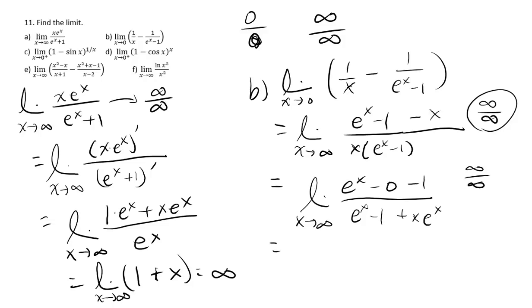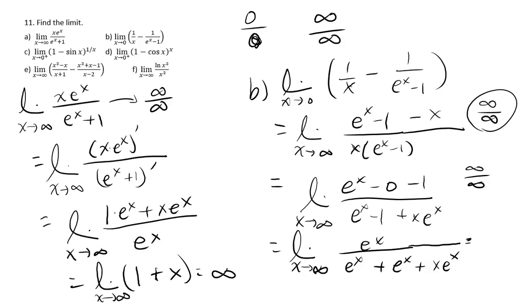So we apply L'Hopital's again. When you apply L'Hopital's again, we get e to the x as the only thing on the top, whereas on the bottom we get e to the x. That disappears, but this one, you have to use the product rule.